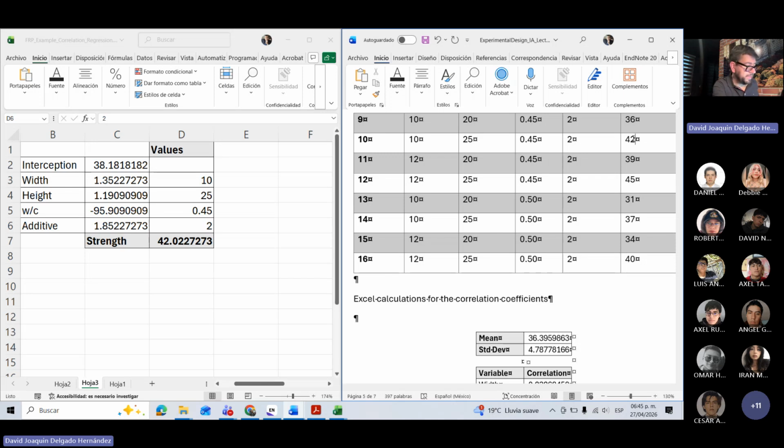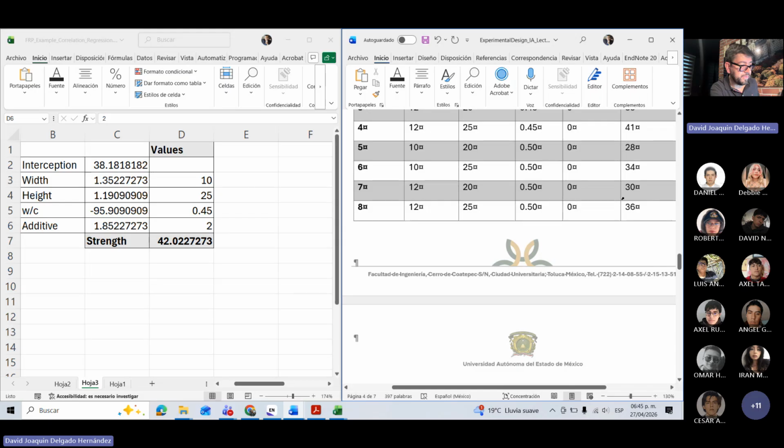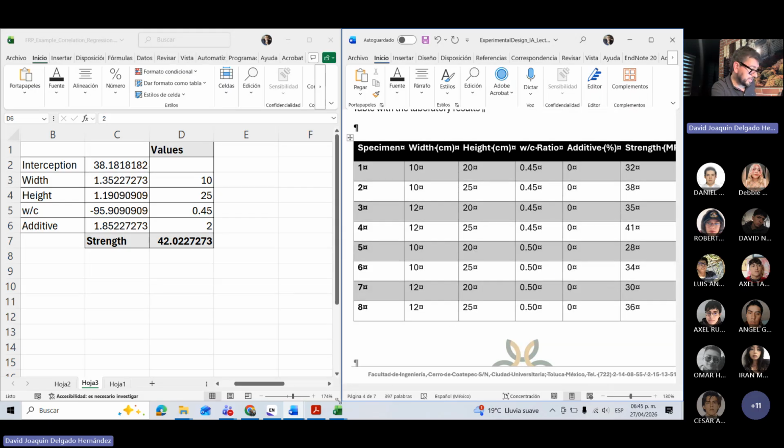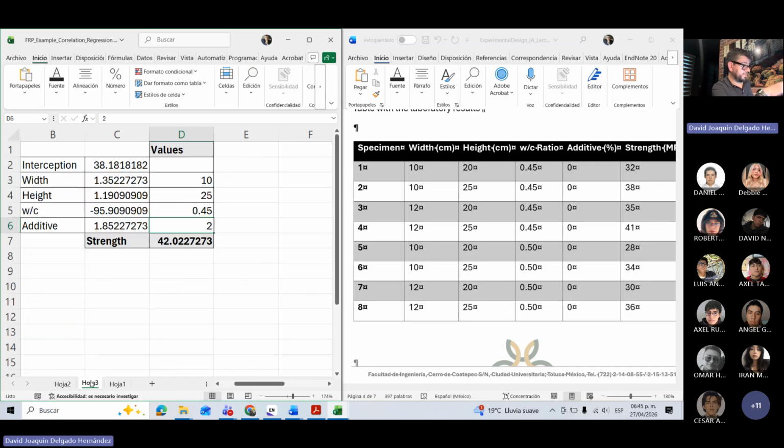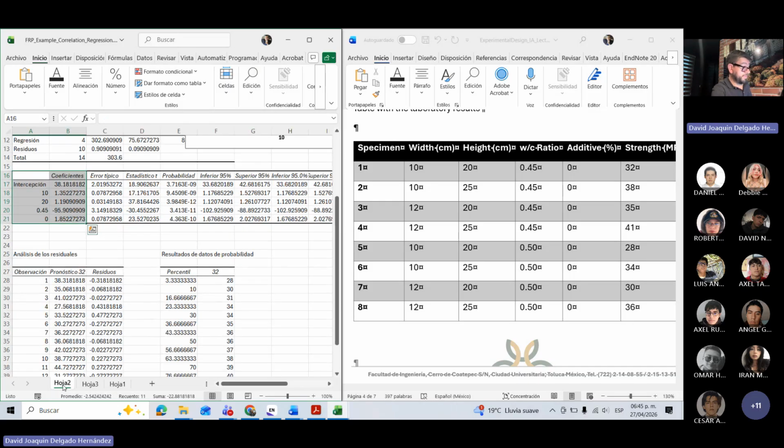I took the experiments here to the lab, I recorded the information, and then with this Excel, I carried out the regression exercise. So remember to carry out the regression exercise.